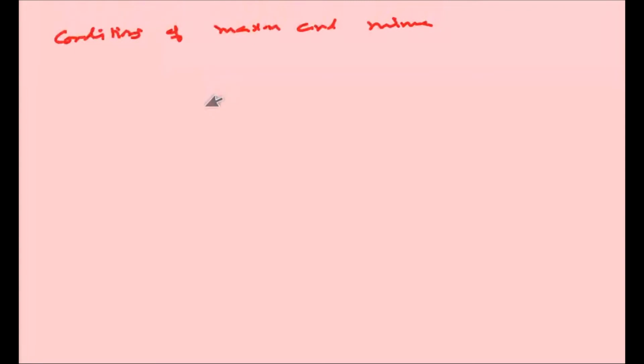Now I am going to tell you how you can understand this language. Let you have a function k equal to x y square. Here k is constant. X, y are variables. I am taking this just as an example.